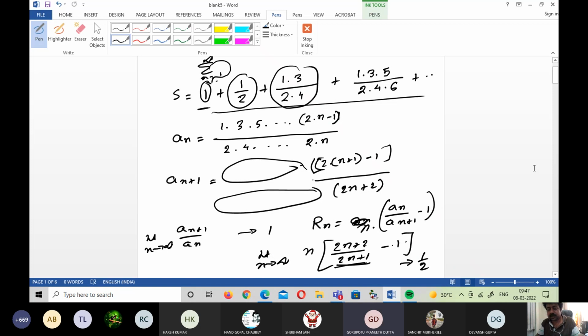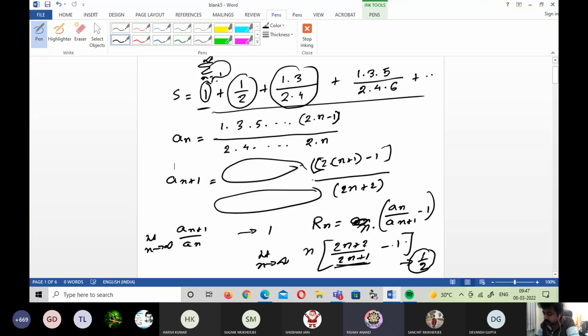Sir, it will tend to 0. Because it is reverse, so it will be divergent. Limit n tends to infinity will be 0. No, you have half. Sir, half will come. Why half will come?